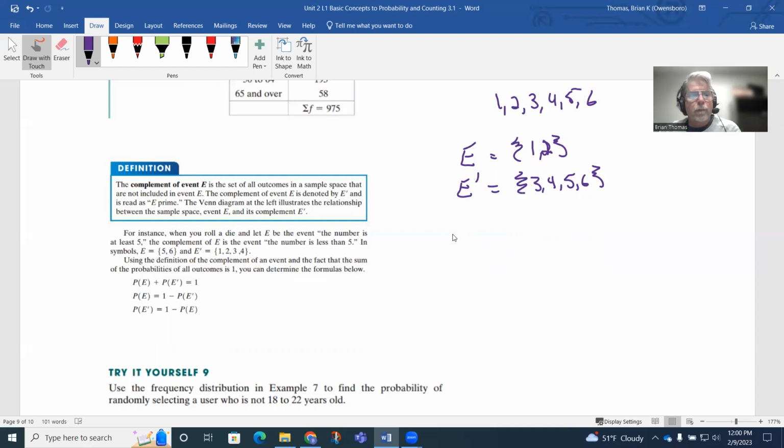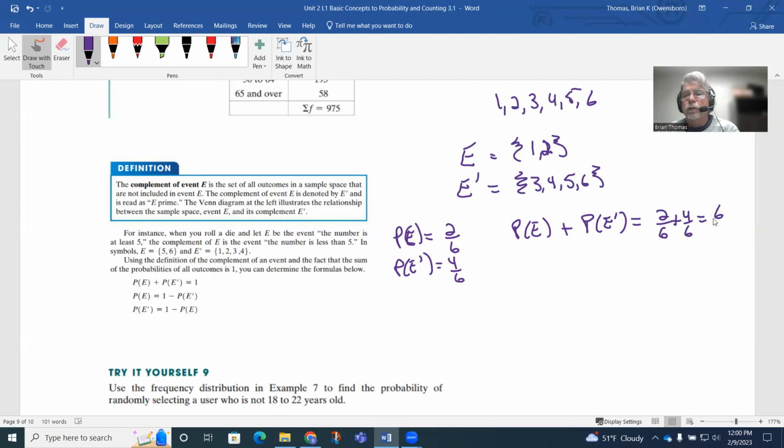Notice that if I was looking at this event right here, the probability of E would be 2 out of 6. The probability of E prime, the complement, is 4 out of 6. Now, if you go probability of E plus the probability of the complement of E, that's 2 out of 6 plus 4 out of 6.